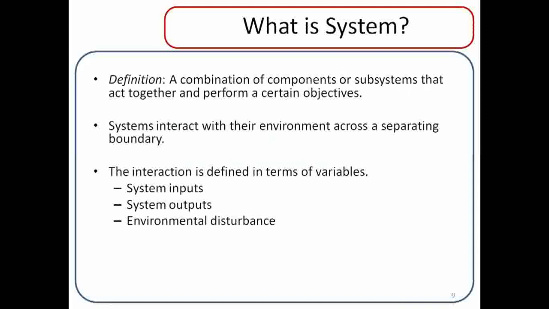The basic definition: a combination of components or subsystems that act together to perform certain objectives. So what are the objectives that we are having, and how far the environmental access is taking place, and interaction defined in terms of variables.